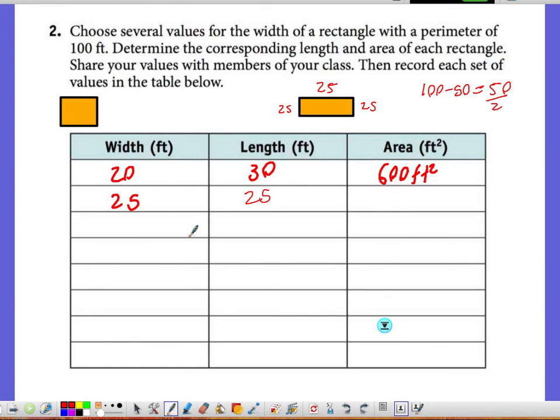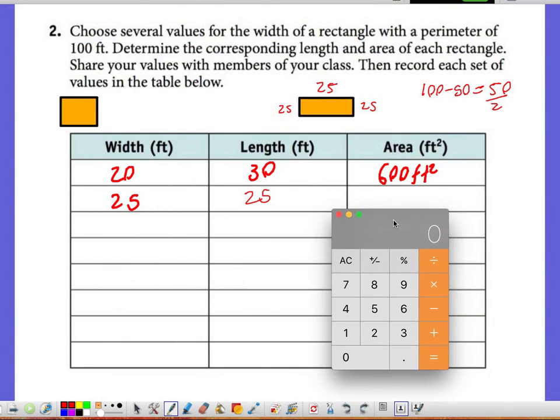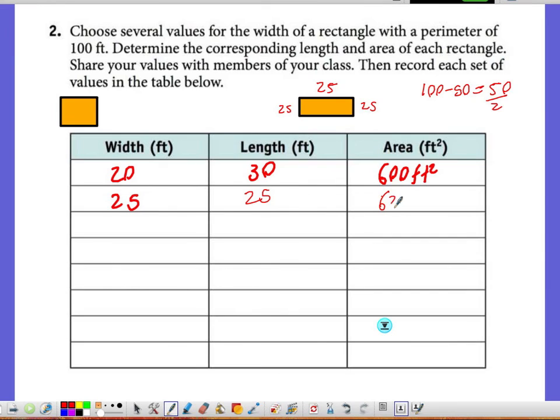So any square that you have is considered a rectangle, and so a width of 25 and a length of 25 is considered a rectangular enclosure. Now we can go ahead and multiply these together to find our area, 25 times 25, and that gives me 625 feet squared.